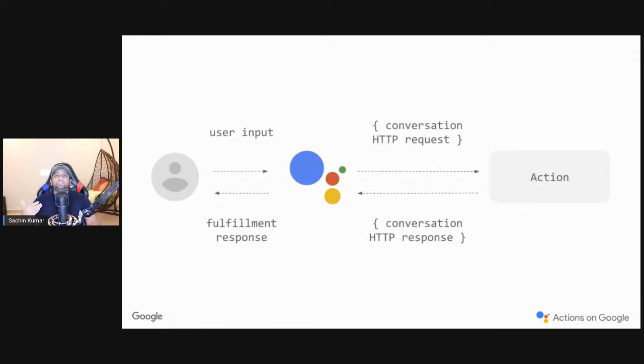Based on the conversation, it will identify that this person is talking about this specific voice application or action, so it passes that information to that specific action. Once that action receives the data, you can do your own parsing. Your application does its own backend logic and sends the response back to the Google Assistant. The Google Assistant then converts the text into speech and provides it back to the user.